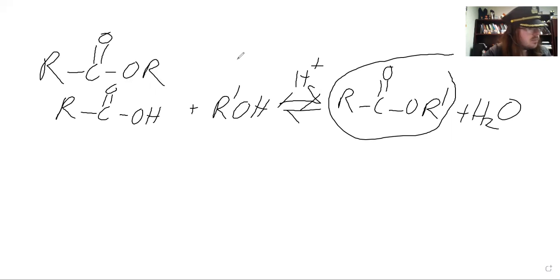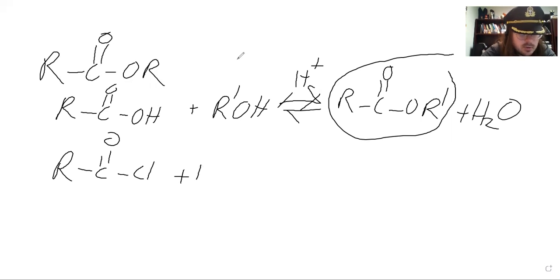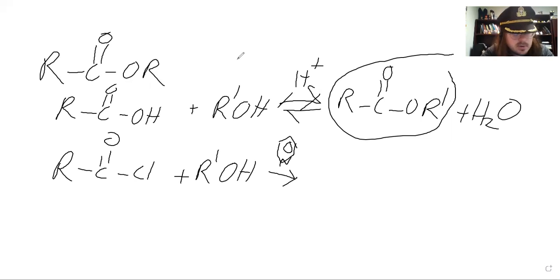Another way would be to use an alcohol and an acid chloride. Acid chloride, as we'll learn later, is a much more reactive version than an acid. And so this is less likely to go backwards. The chloride is a much weaker leaving group. The only problem is we have to be careful what solvent we use it in, because water would then react with acid chloride and turn it back into an acid.